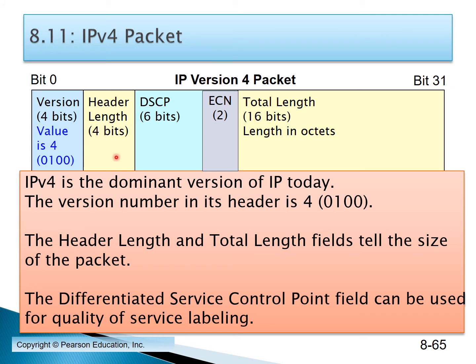This is the header length and this one is the total length here. And the DSCP, which is the Differentiated Services Code Point field, can be used for quality of service labeling. That's the first row of the IP version 4 header, which is 32 bits.